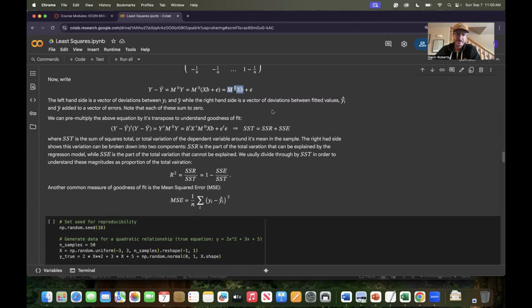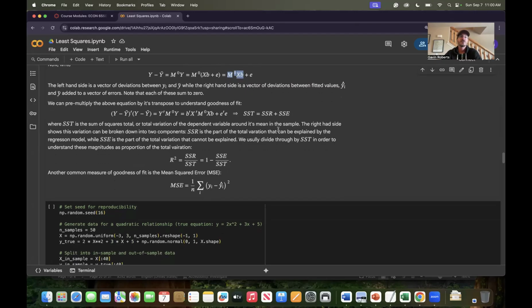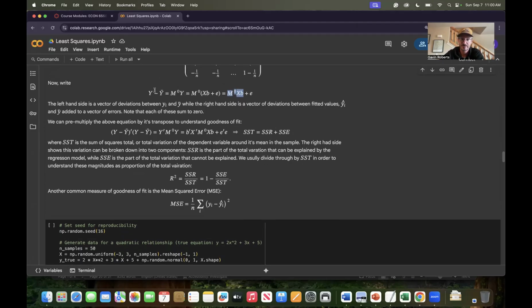So those are the deviations between the fitted values and the sample mean. So true values minus sample mean, fitted values minus sample mean, plus the error term. So we still need the error term there. Note that each of these sums to 0. If you aggregate this or aggregate this, you get 0.